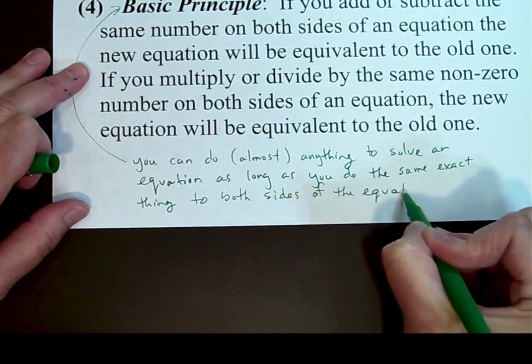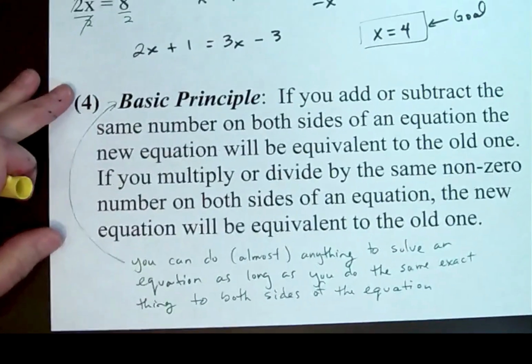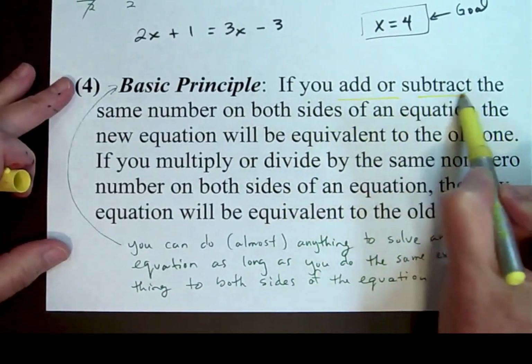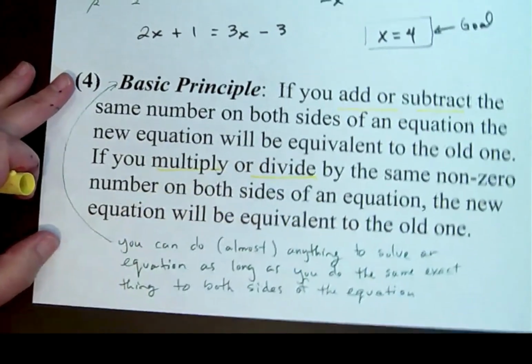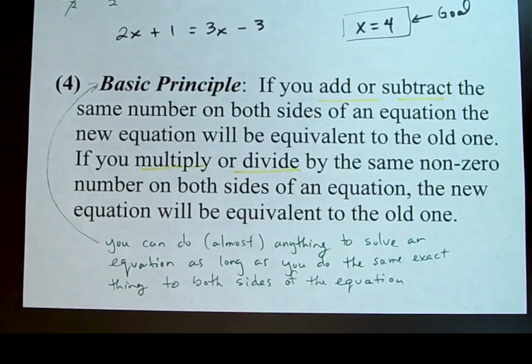That's what I'm really thinking of as our basic principle. And right now in this chapter, the thing we're doing to both sides is just adding, subtracting, multiplying, or dividing. But we'll build on that and do other kinds of things to both sides too in later chapters. Okay, but that's your basic principle.